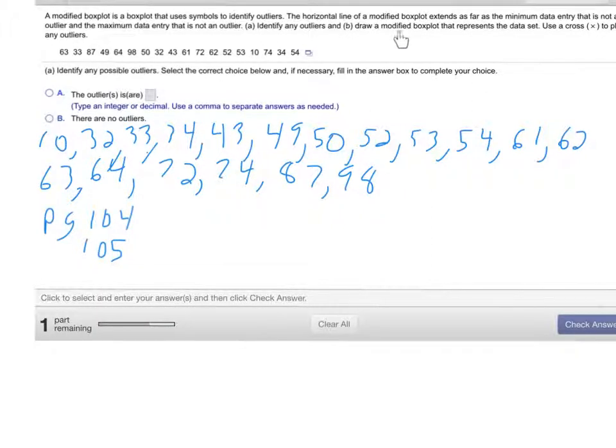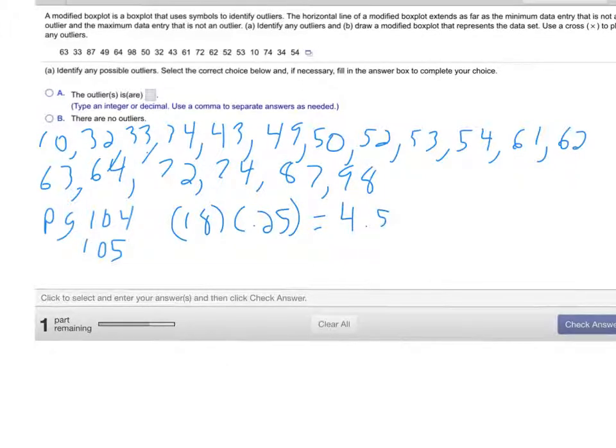Identify the outliers, draw it. Use X to plot any outliers. So I've listed here in order. To draw a box plot, you need the first, second, and third quartile. There's 18 pieces of data here, and so if I multiply that by 25% to get the position of the first quartile, that comes out to 4.5.